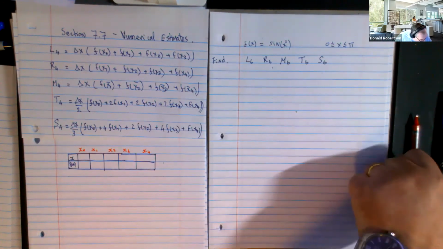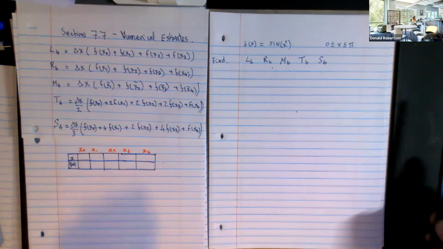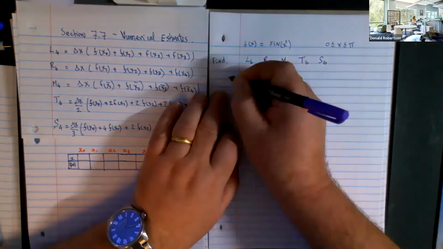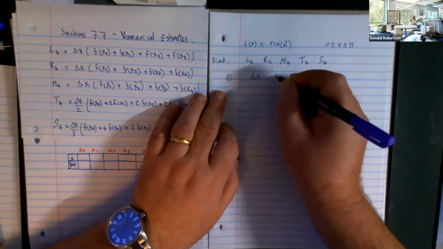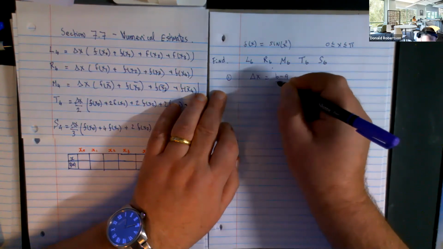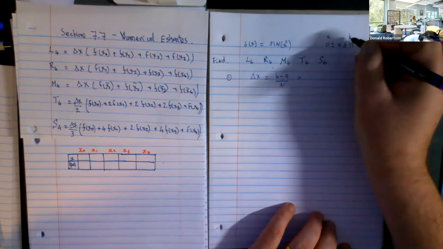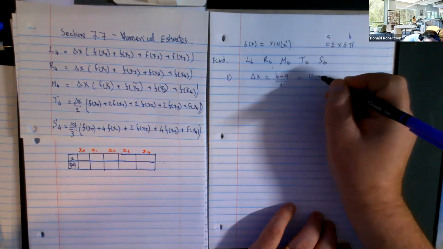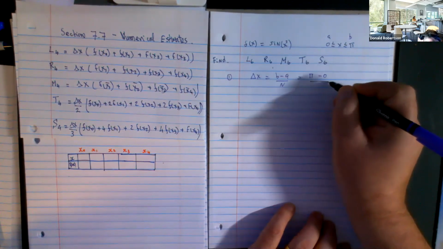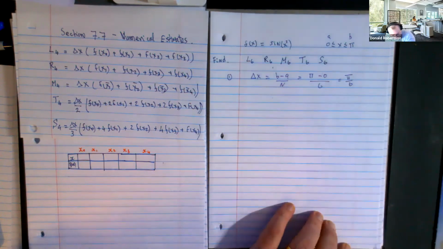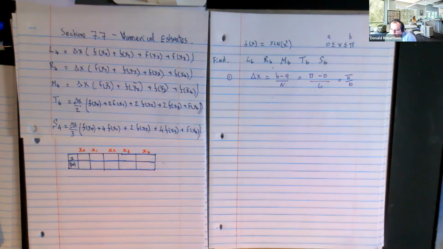So I'll start with my usual step 1, which is find delta x. In this case, a is 0 and b is pi. So far, so good.